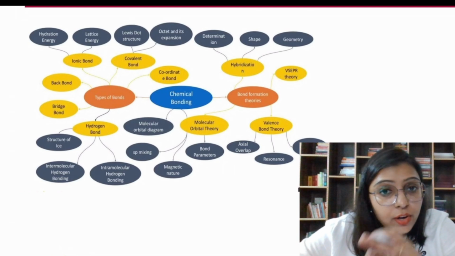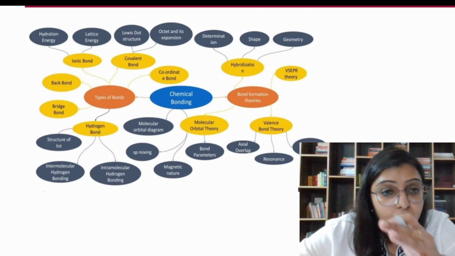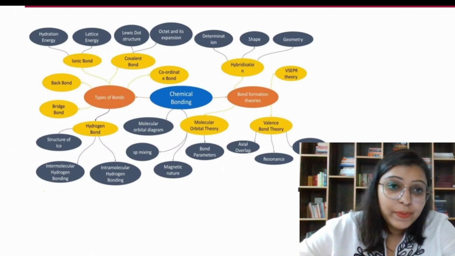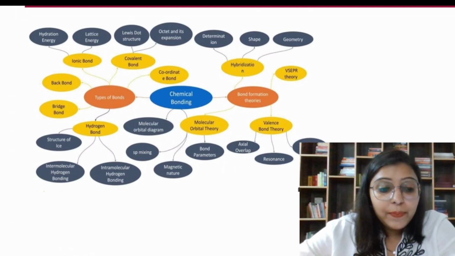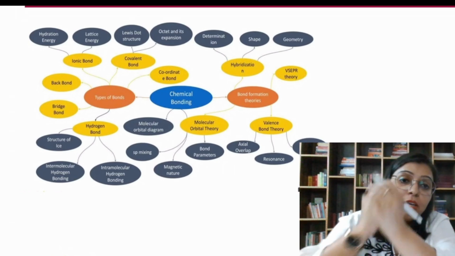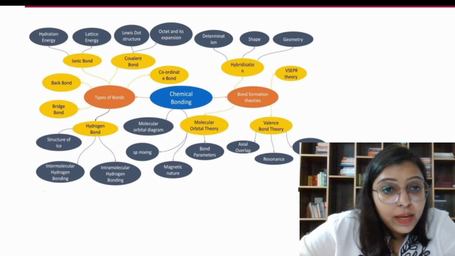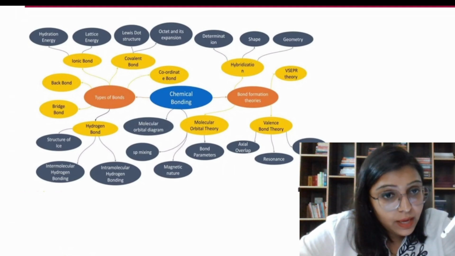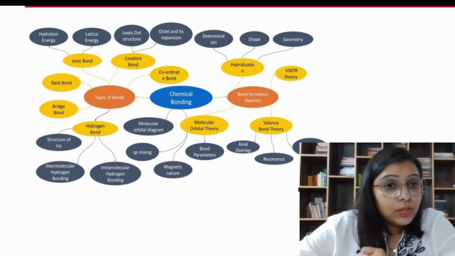If there is head on head overlapping, or axial overlapping, the bond formed is a sigma bond. If we have sidewise overlapping, then we are going to form the pi bond.